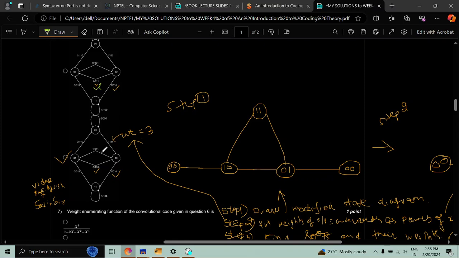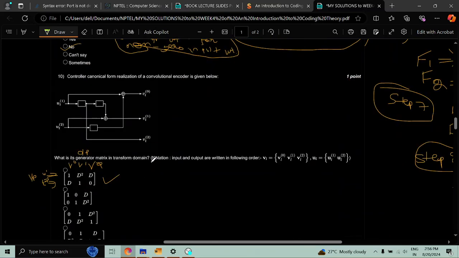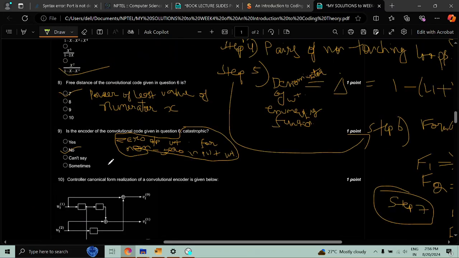In this, the 0 output weight is here, and for non-zero input weight we don't get a 0 output weight, so it is not catastrophic. We just verified in this definition that 0 output weight should be there for a non-zero input weight.